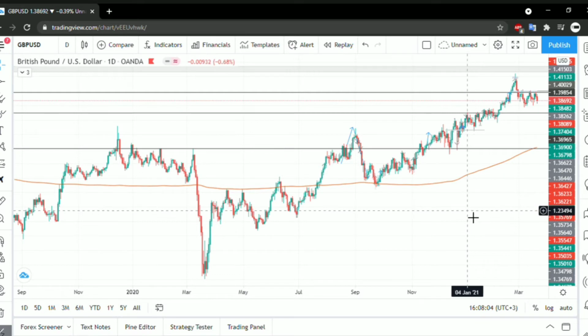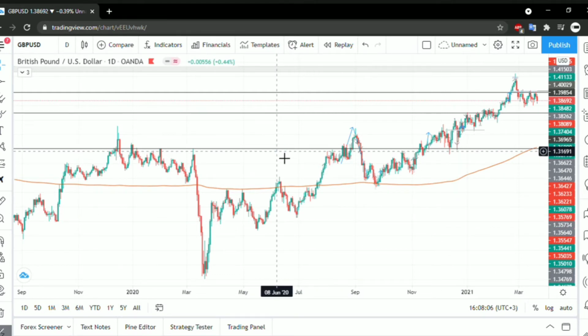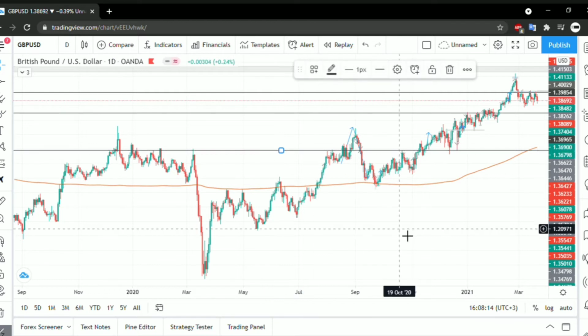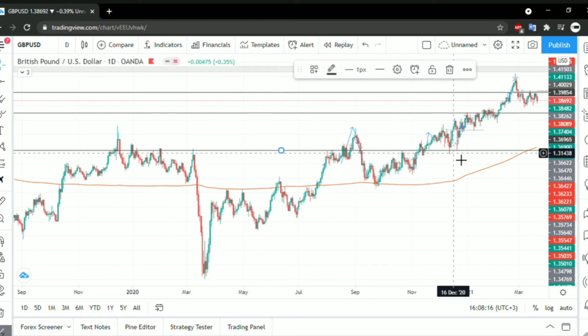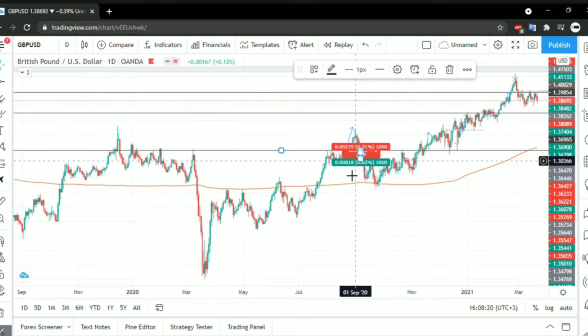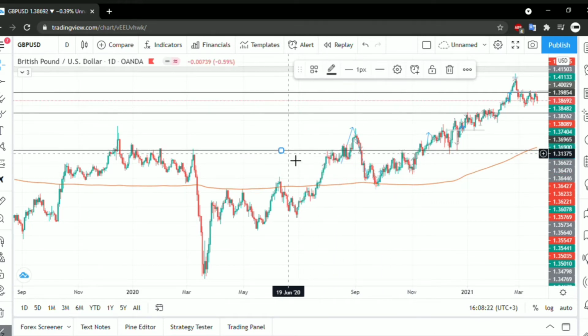So basically we can term this as one of the support or resistance. Let me just adjust it slightly so that we can have it perfect. So now we can see we have 1 touch, 2 touches, 3, 4, 5, 6, 7, 8, 9, 10. So that's 1 resistance point.